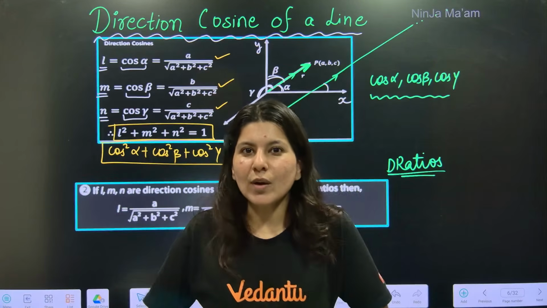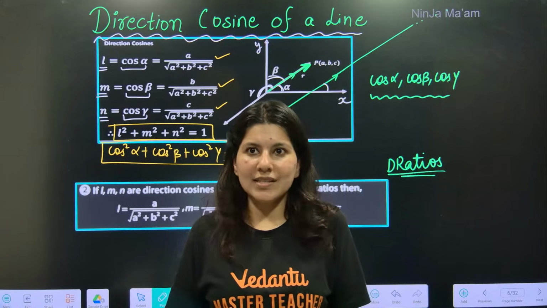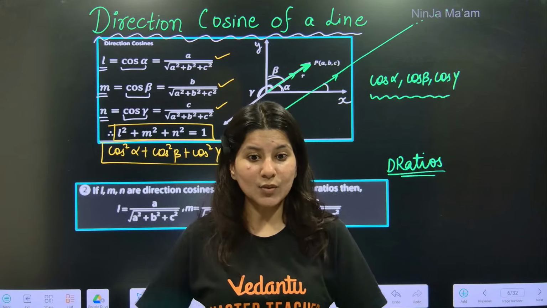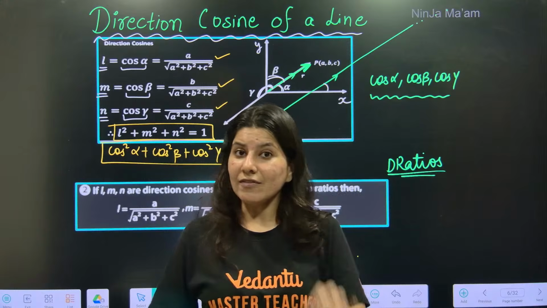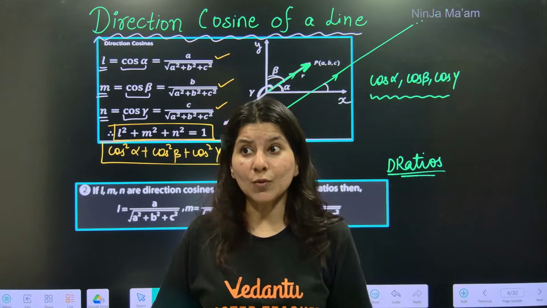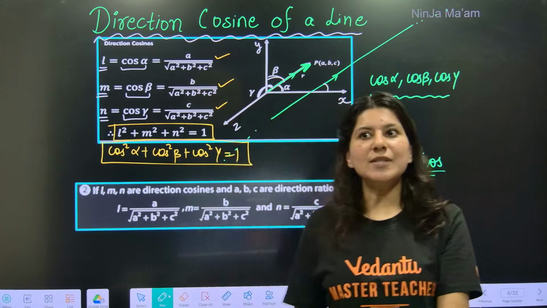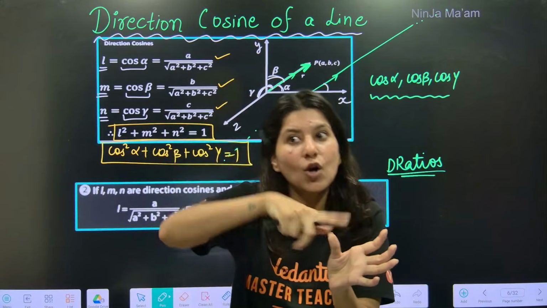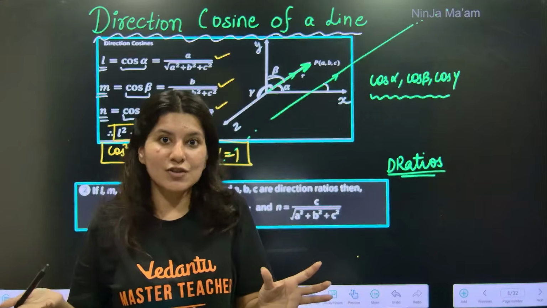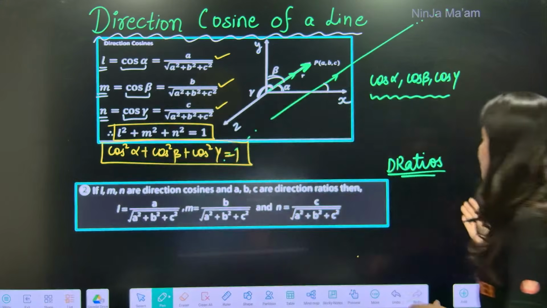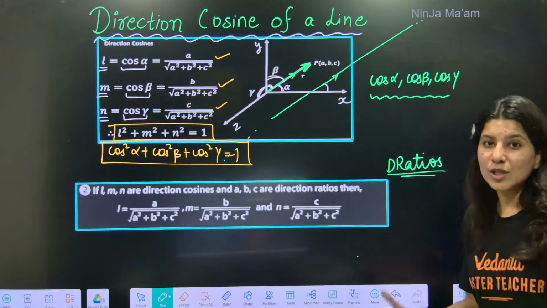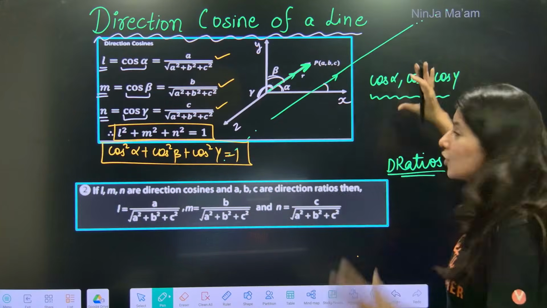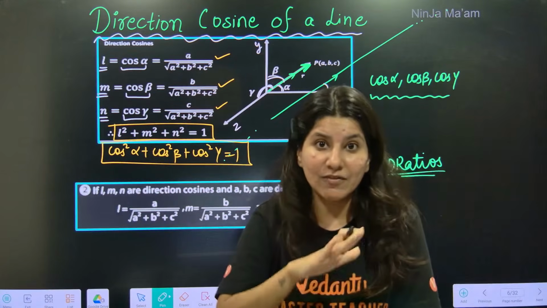Is 4:8 okay? Yes, ma'am. And if I ask you 16:32, will that work? Yes, ma'am. So 16:32 is the original thing also, and it will be considered a ratio also. So direction ratio will have so many options, so many values. But direction cosine will be a fixed thing.